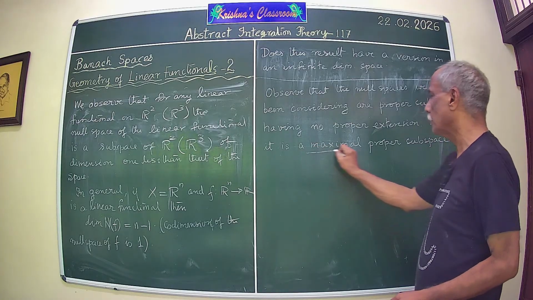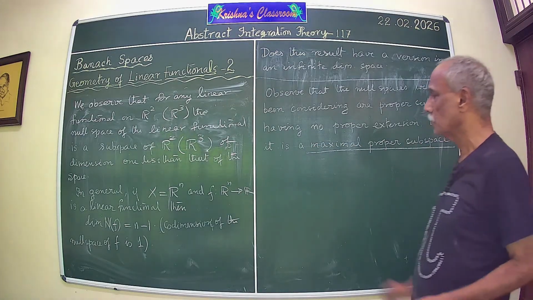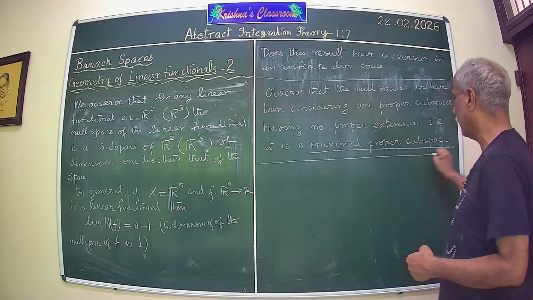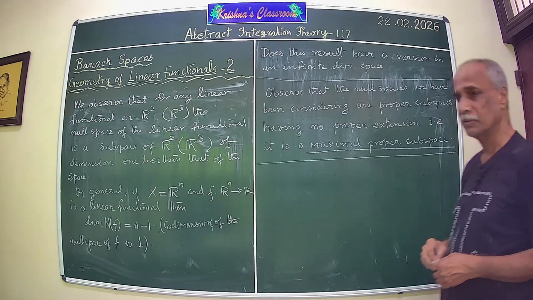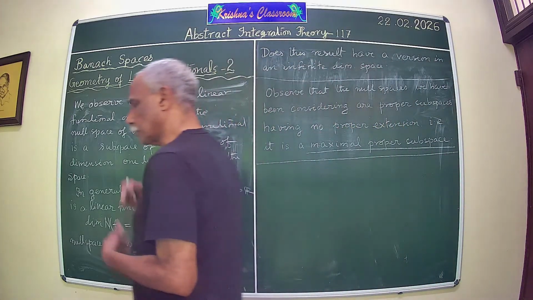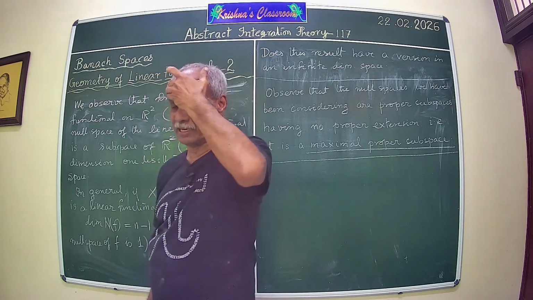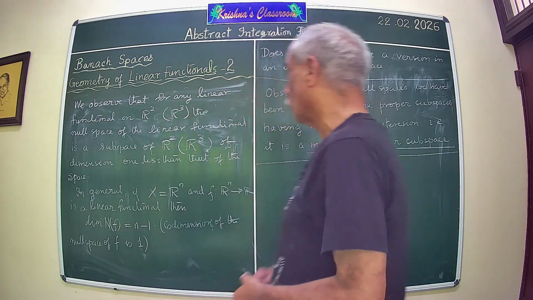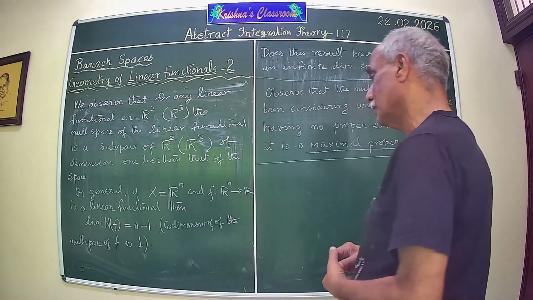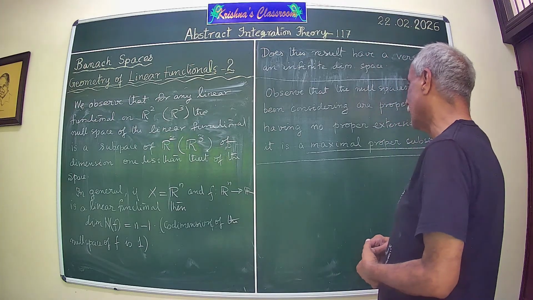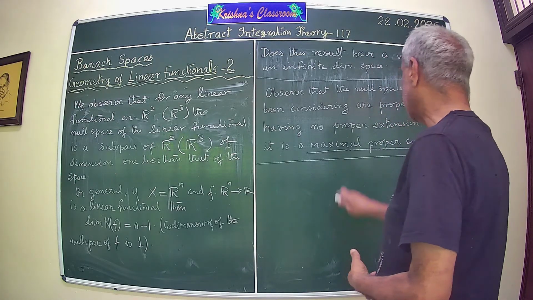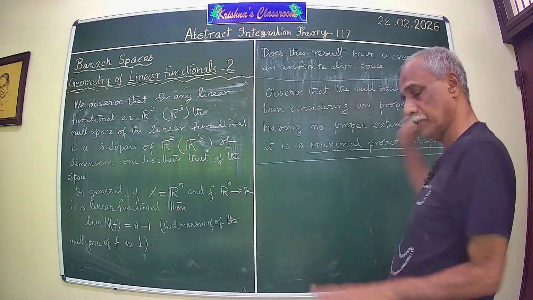So this is the important property. So we have to work with vector spaces or subspaces which are of codimension 1, which is equivalent to saying that they are maximal proper subspaces.